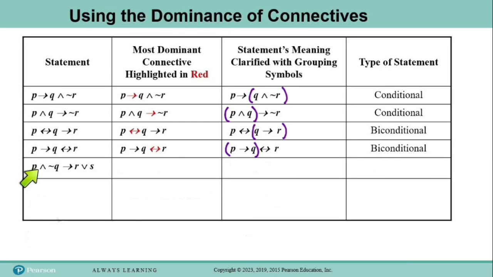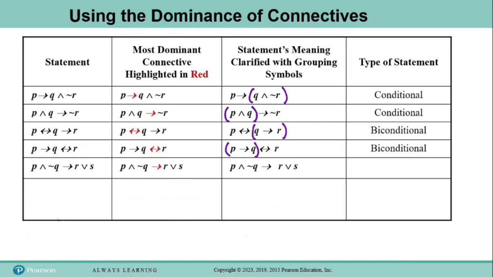Okay, our next statement contains a conjunction, a negation, a conditional, and a disjunction. Now we know that the conditional is the most dominant, and so here in the second column we're going to highlight the conditional, and we know that everything that comes before the conditional should be grouped together and everything that comes after it should be grouped together. See, up here that wasn't necessary because we only had one thing before the conditional, but down here we have things before that need to be grouped together and things after.